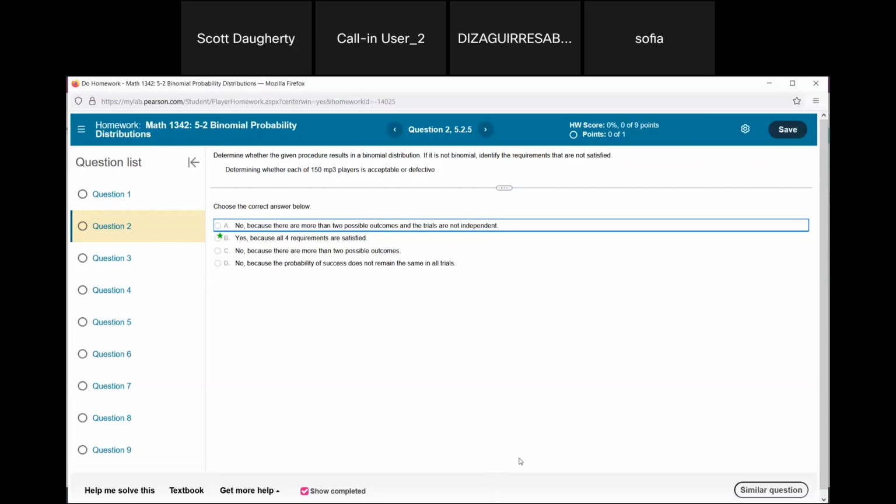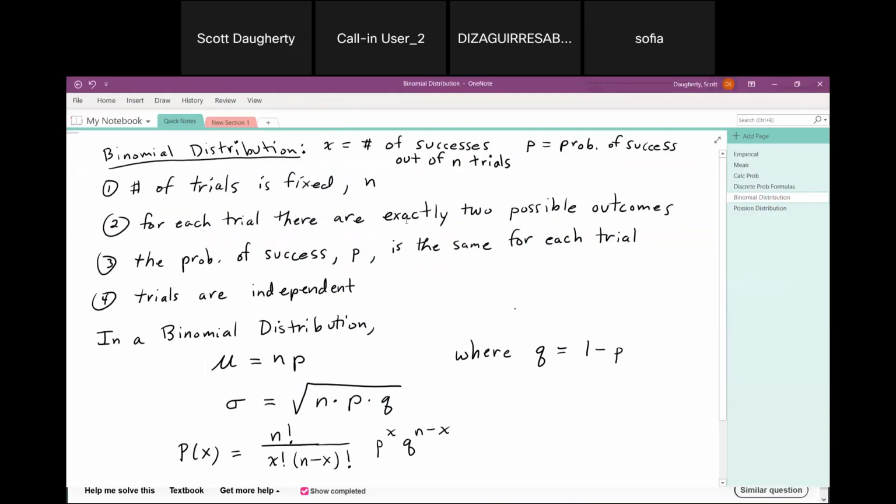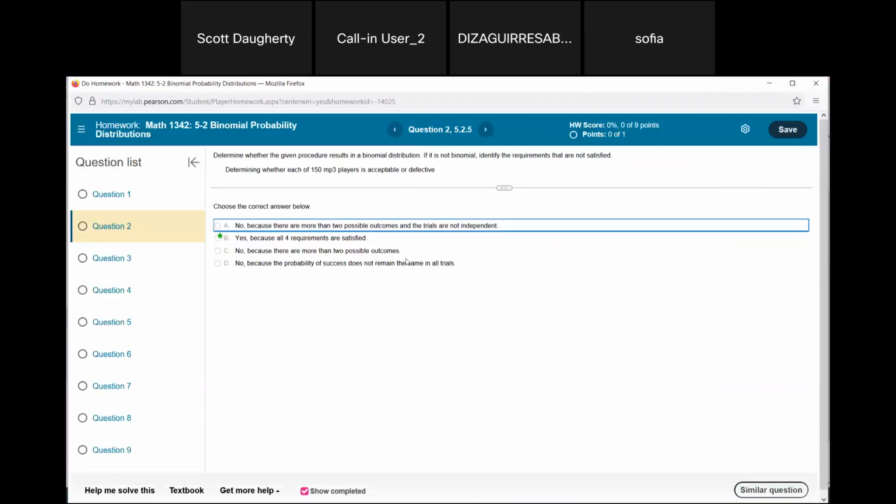So the first one, let me go back to it. The first one was we have to have a fixed number of trials. So that would mean that when we do this procedure, we have to always have 150 MP3 players. So if I were to do this again, I would have to do it with 150 MP3 players every time in order for this to be binomial. You can't change the number of trials.